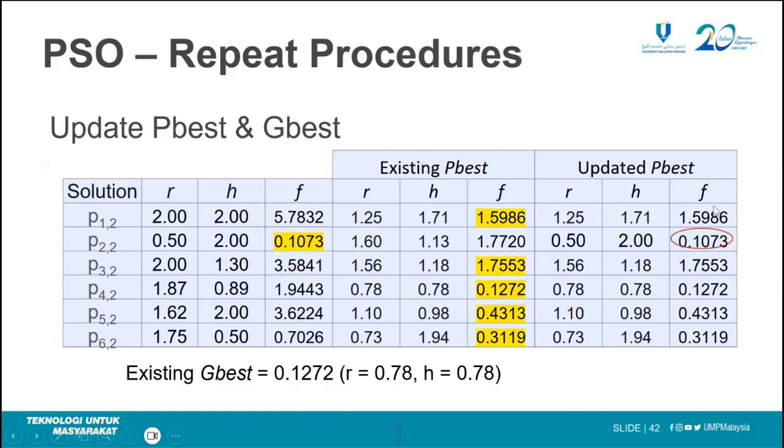But now, if we compare the existing G-best with all of the fitness values that we obtain here, one of the fitness values is better than the existing G-best. This means that this value is nearer to the optimum solution compared with the existing G-best.